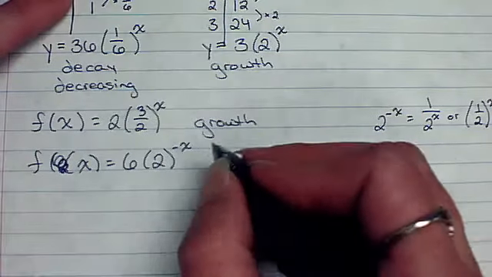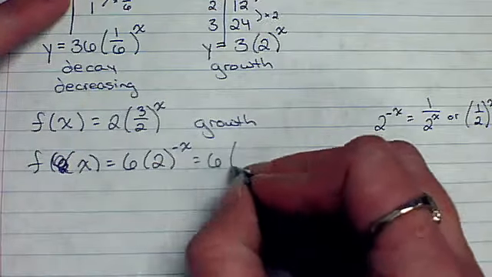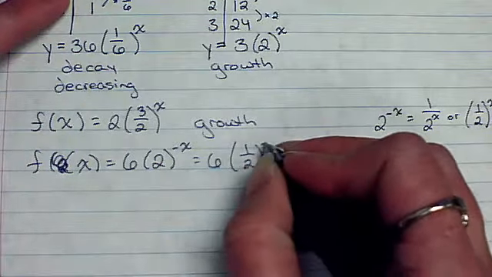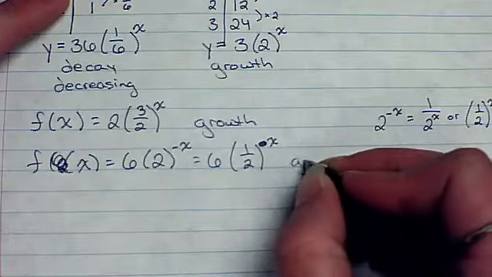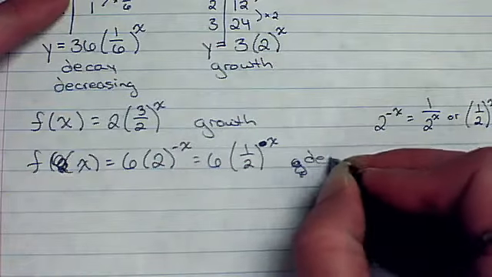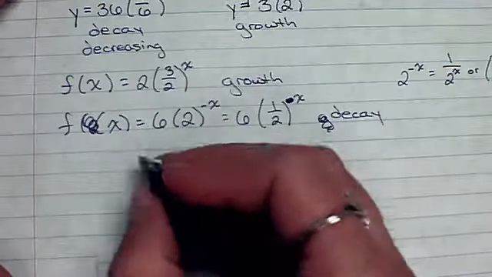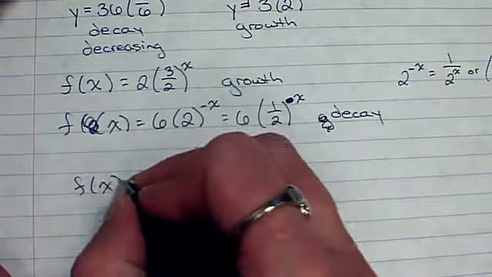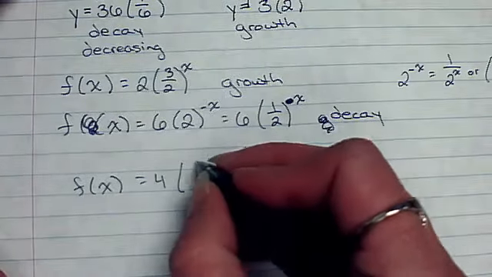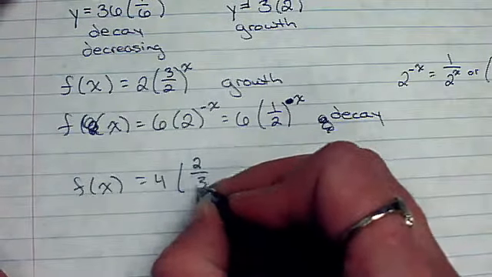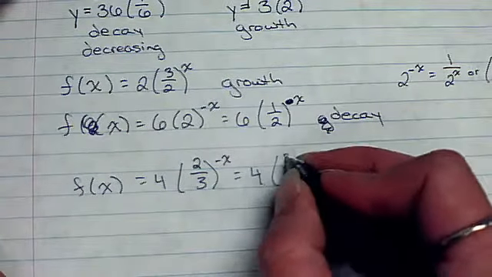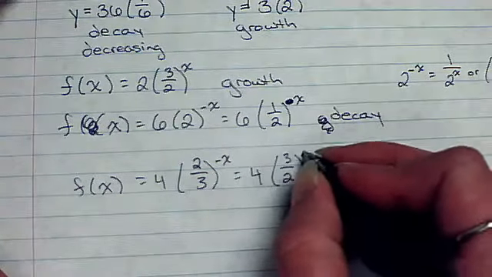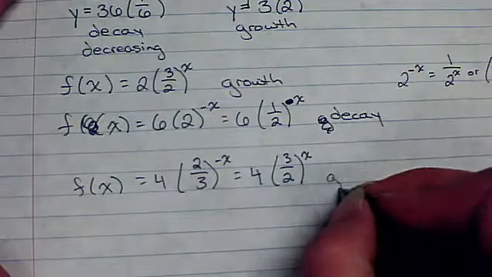So if we have that negative exponent, that really tells us to flip it. Whoops, to the positive. That would be, I'm losing my mind here, decay. So let's say, what if it had been 2/3 to the negative x? Well, we can rewrite that as 3/2 to the positive x, and that would be growth.